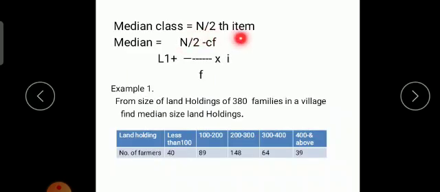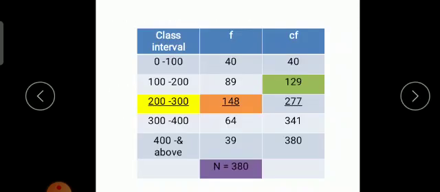N upon 2. What is n upon 2? N we require is 380, divided by 2. Then we want to find the median class. I have shown here that 200 to 300 is the median class.